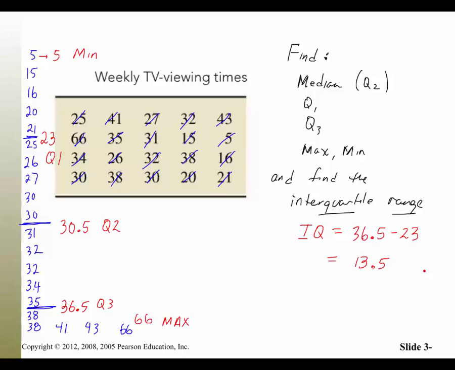So there's a range of 13.5 hours. This is hours per week that people watch TV, okay? So there's a 13.5 hour range or span in the middle of the data set that's half of the data set, right? That's half of our sample, and the width of that range is 13.5.